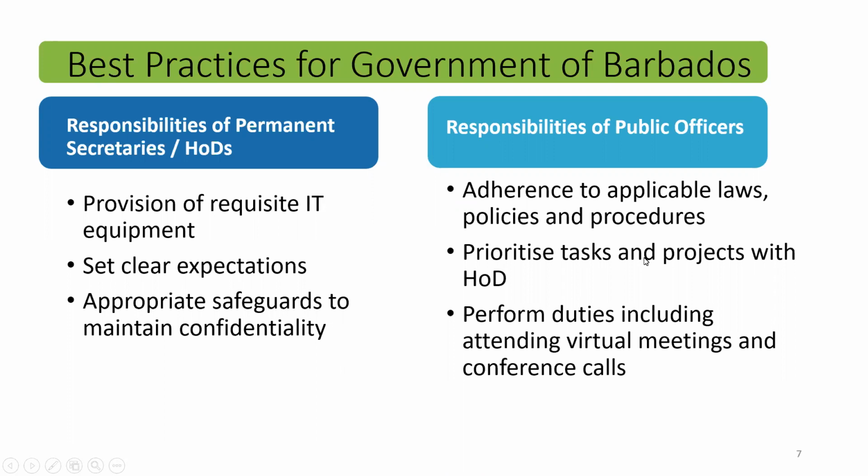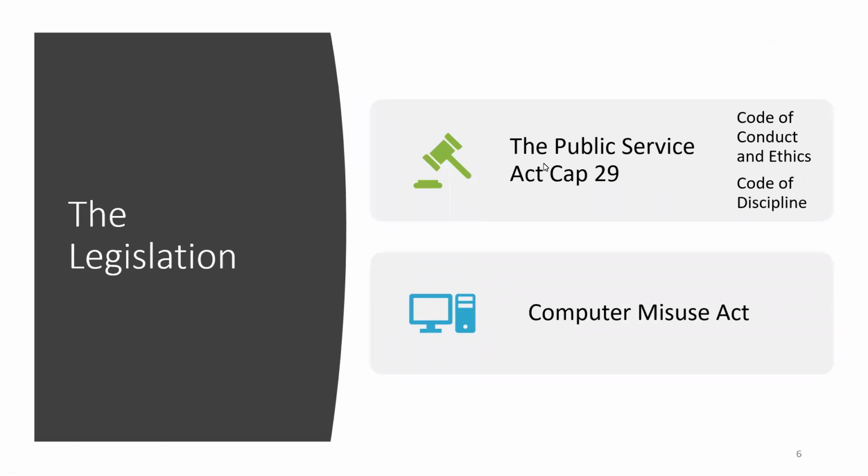The Public Service Act, Cap 29, and in particular the Code of Conduct and Ethics that is contained therein, establishes standards of conduct in the public service. And the Code of Discipline, also contained within the Public Service Act, enforces these standards.